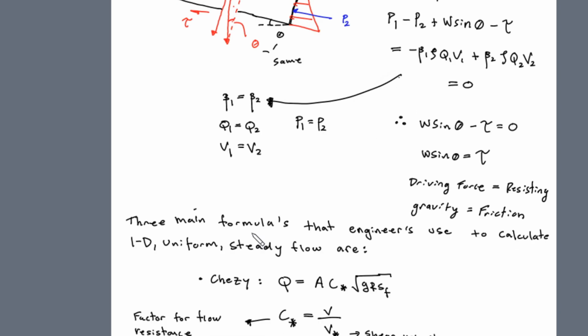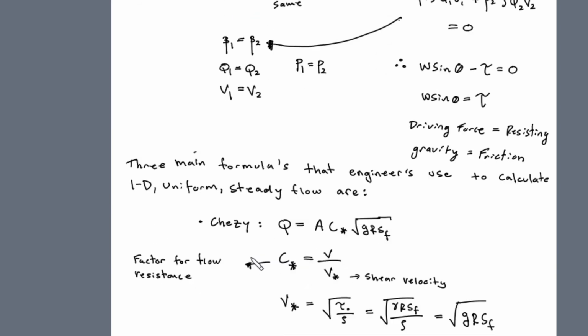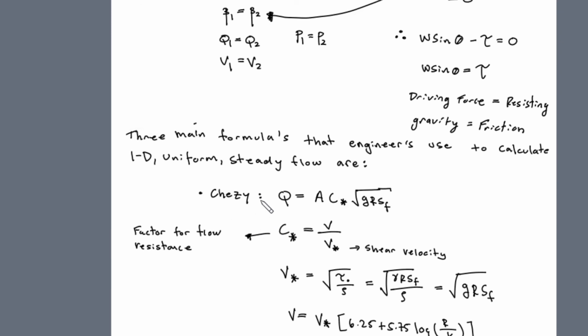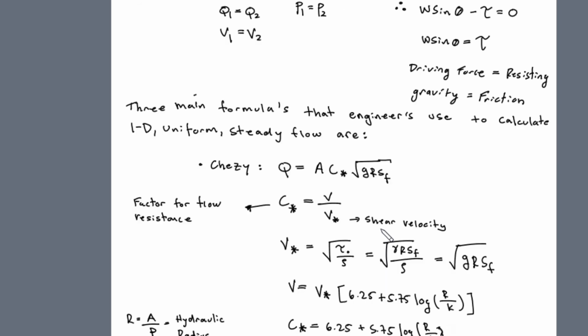So these are basically the main assumptions that are going to be governing the applicability of our one-dimensional uniform steady flow approximation equations. First off we have Chezy's equation, which is Q equals area times C star times this business, where the R in this formula is the hydraulic radius, which I'll go over in a second.